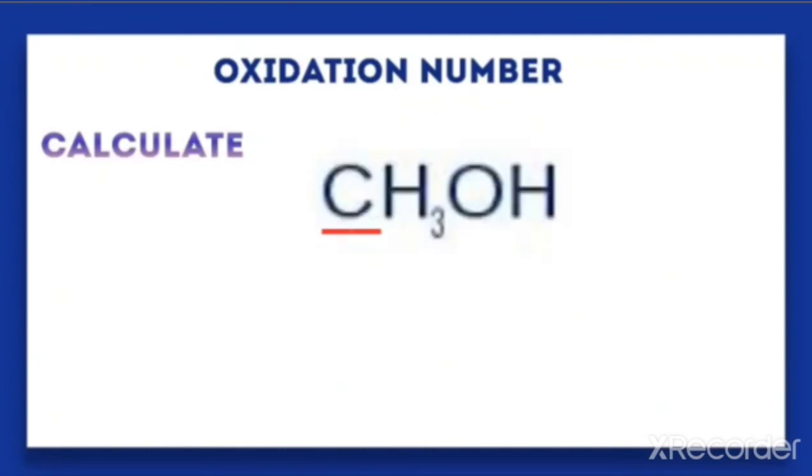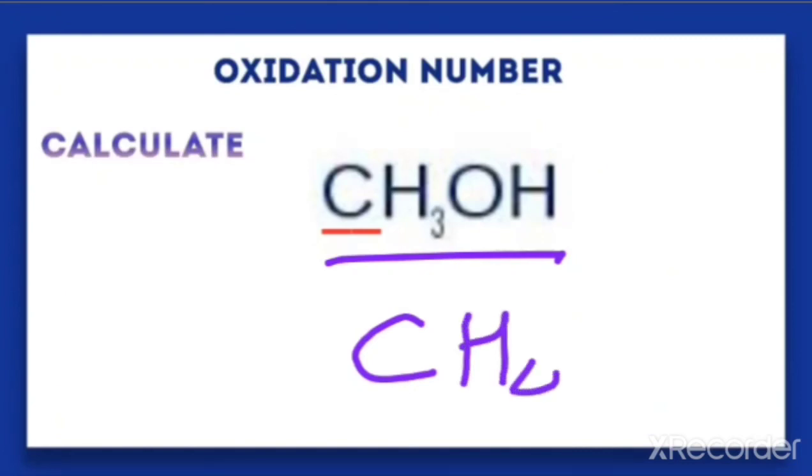Next, for such compounds with more than one hydrogen, it is better to write the compound this way: carbon, then total 4 hydrogen and a single oxygen. Here we need to find the oxidation state for carbon, which you keep as X, and for H it is +1 and for O it is -2.